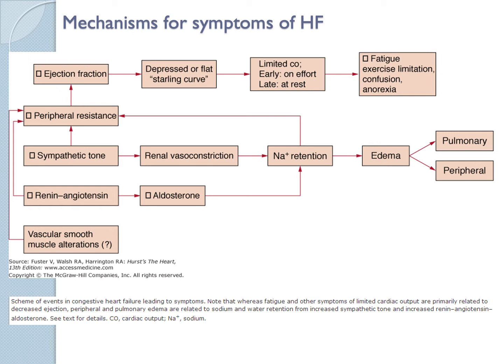So you've got your sympathetic tone, you got your RAS system, you got your smooth muscle cells, which all contribute to increased peripheral resistance, which then reduces the ejection fraction. So obviously, if there's a reduction in ejection fraction, it will be translated into a reduced efficiency of the heart per pump, right? So therefore, there's limited cardiac output, refers to the CO over here.